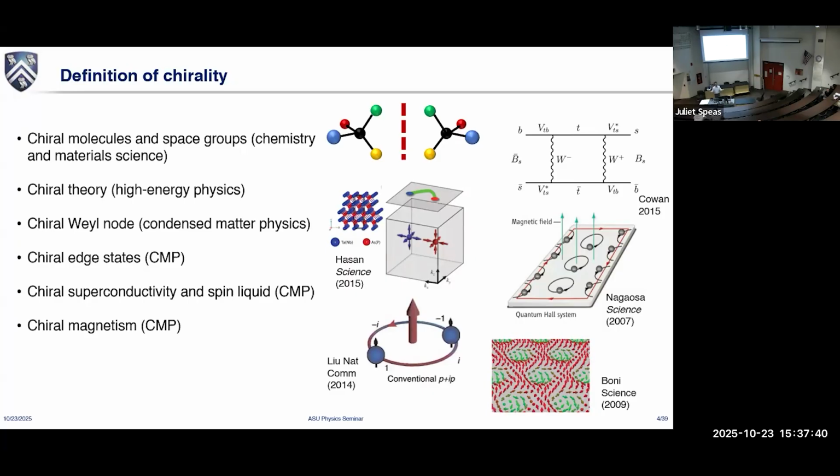More recently, people talk about chiral superconductivity, chiral Weyl fermions, chiral edge states, etc., right? Topological edge states. So these terms are all called chiral. But if you look at their actual properties, by bearing the term chiral, what can you predict from the term? Their properties are actually very diverse.